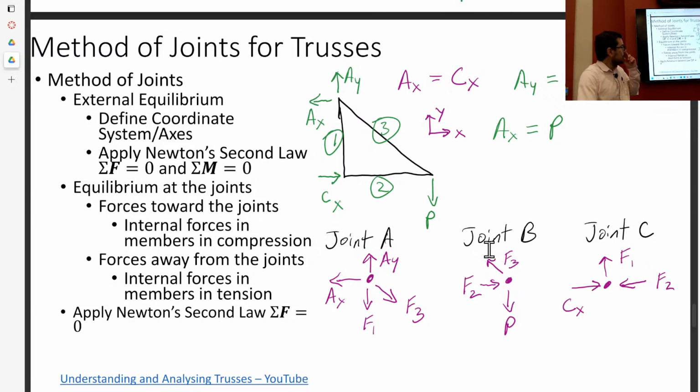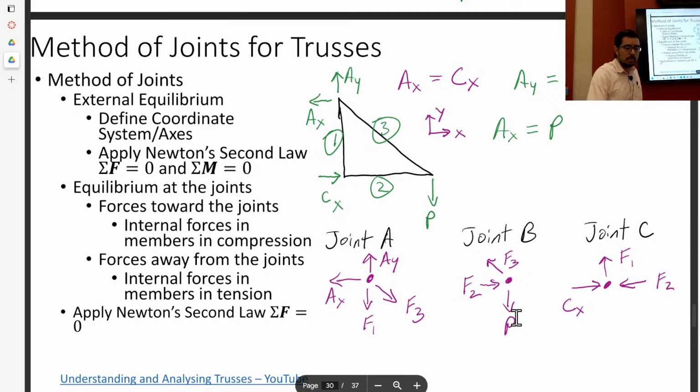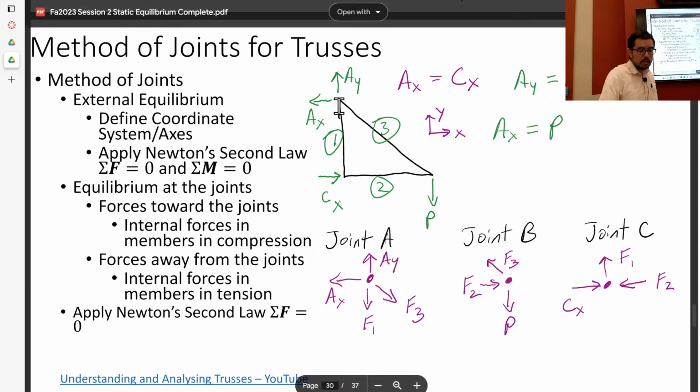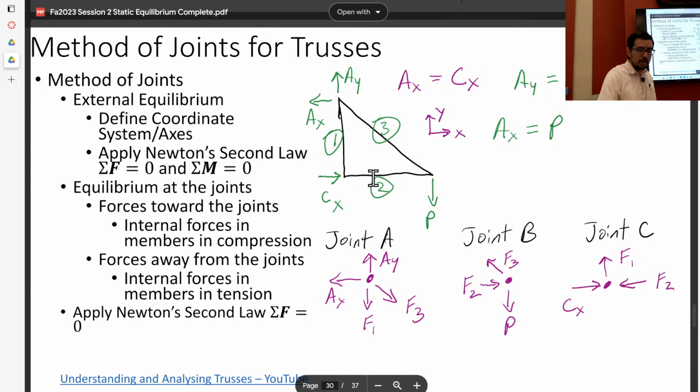Again, I can take some guesses in terms of whether or not they come out of the joint or go into the joint. Except P has been drawn out of the joint, so I'm going to want to keep that as it is. And the external ones, I also have to keep as I've drawn them. So Ax is going this way, so I'm going to draw it out that way. Ay is going up, so draw it that way.